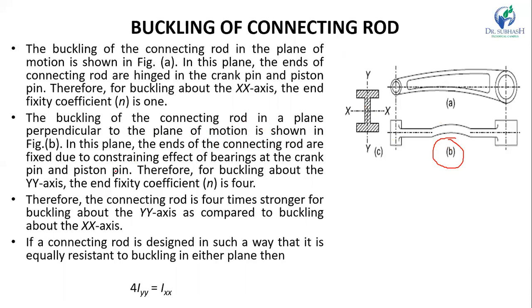So in this plane the ends of the connecting rod are fixed, due to the constraining effect of the bearing at the crank pin and piston pin. So here it is considered the ends are fixed, right? So therefore for buckling about the y-axis, the end fixity coefficient is 4.